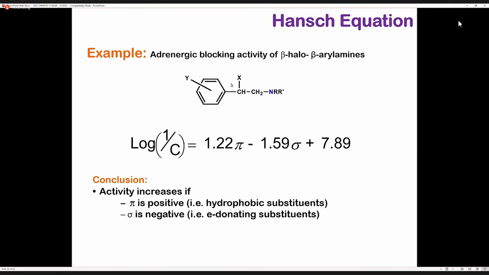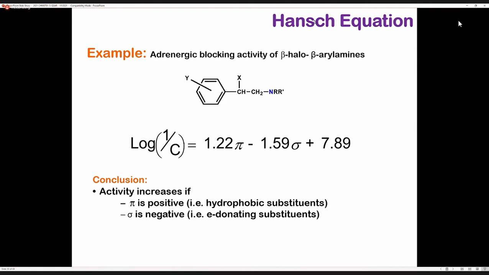The substituents that you can change, right? So the equation is log 1/C, which is your activity that you want, right? C, remember, is the minimum concentration or minimum dose for your drug, right? So this is Hansch, Corwin Hansch I think his name is, I don't remember, maybe, if I'm not mistaken Corwin Hansch, right?